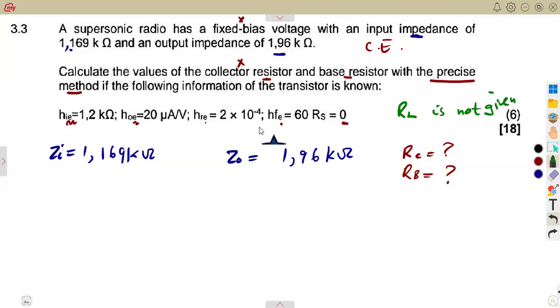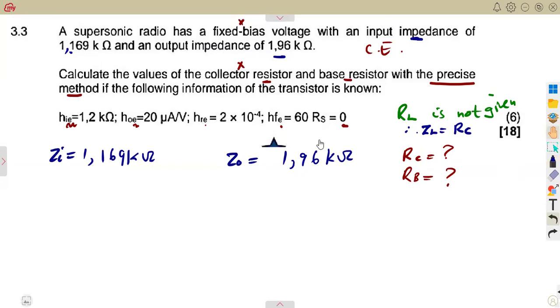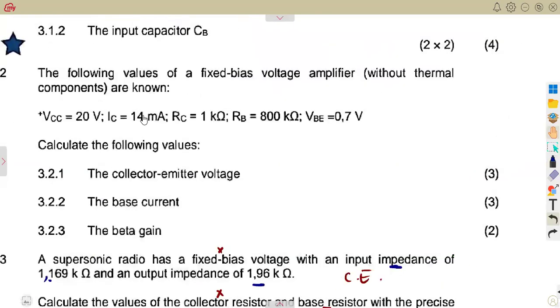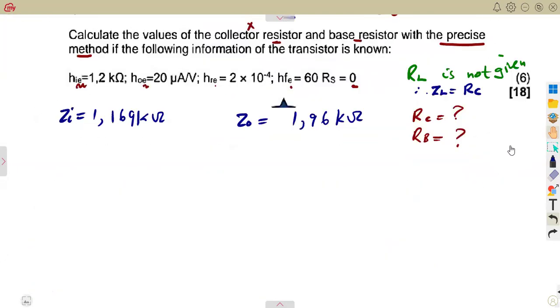If the load resistor at the output is not given, it simply tells us that ZL will be equal to RC, your collector resistor. Remember I talked about that. This is a basic one.